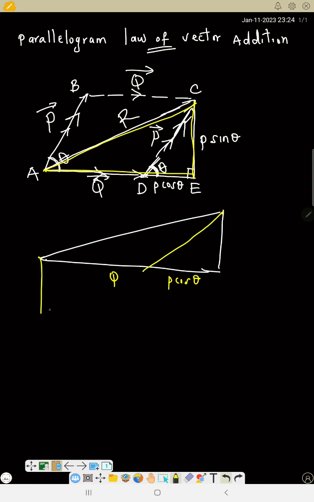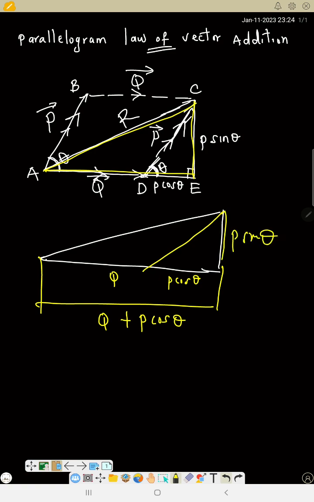So definitely from here to here is q plus p cos theta. While this place is p sin theta, and the angle here I will represent as alpha. That is the angle which the resultant makes with the horizontal.